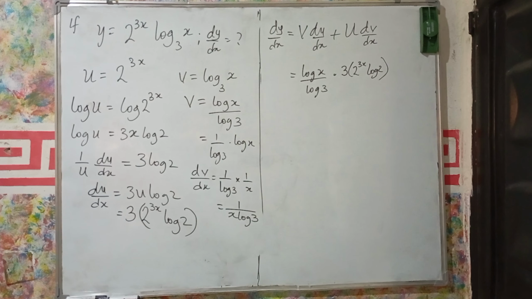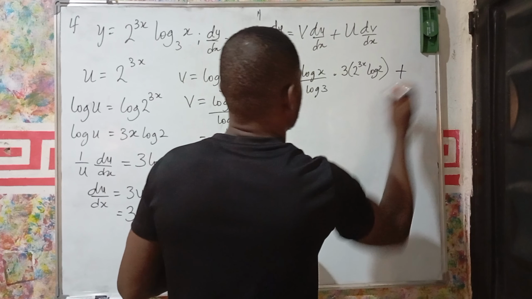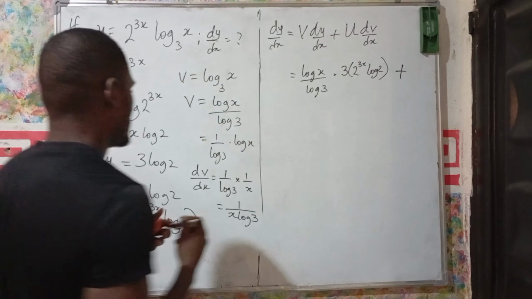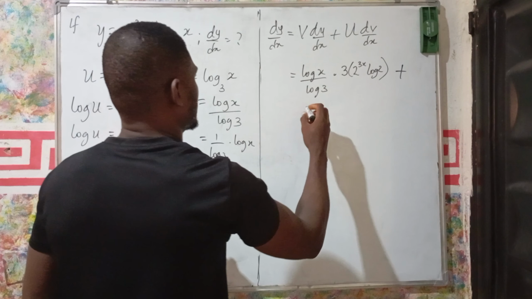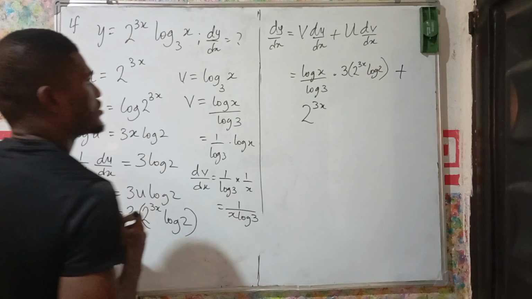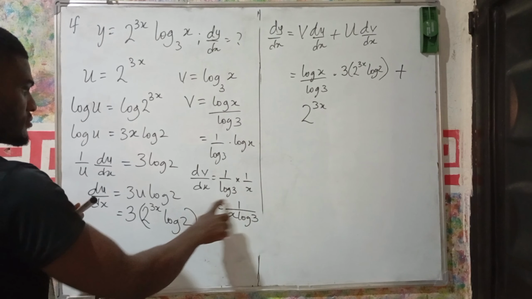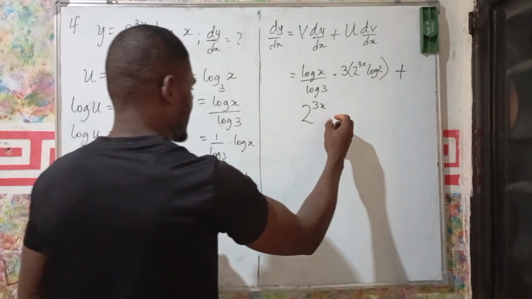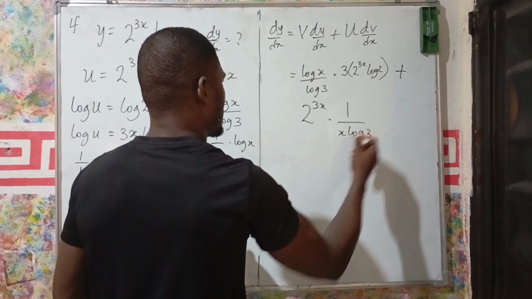And then we add our u, which is 2 raised to the power of 3x, multiplied to dv/dx. The dv/dx is 1 over x log 3.